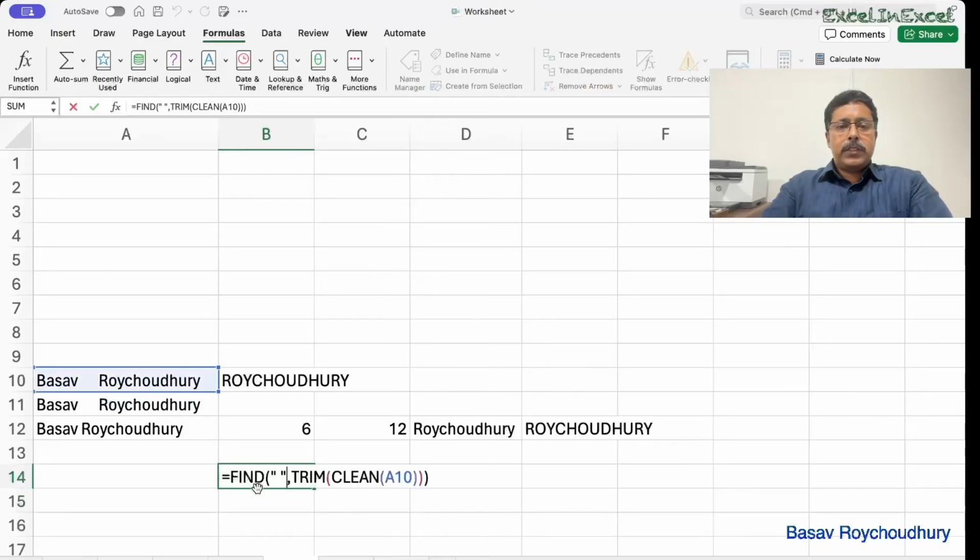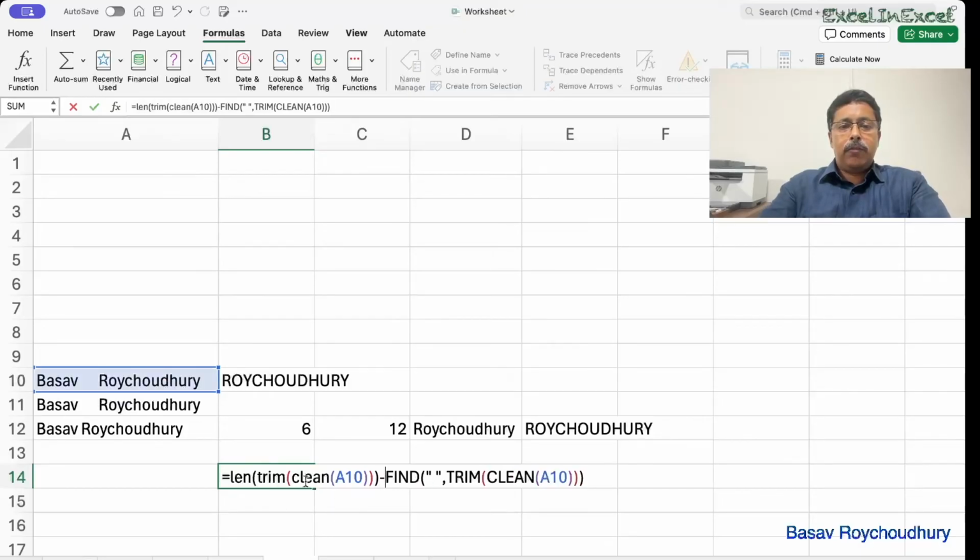Then I subtracted this 6 from the length of what? Of the trim, of clean, of my original name, the way it was written. Just be careful about the number of brackets. The colors can help us out. The black color was starting with length.